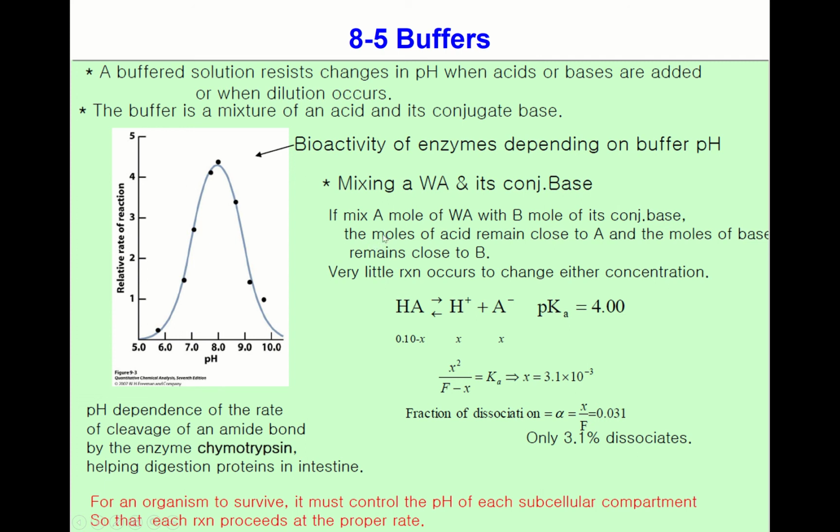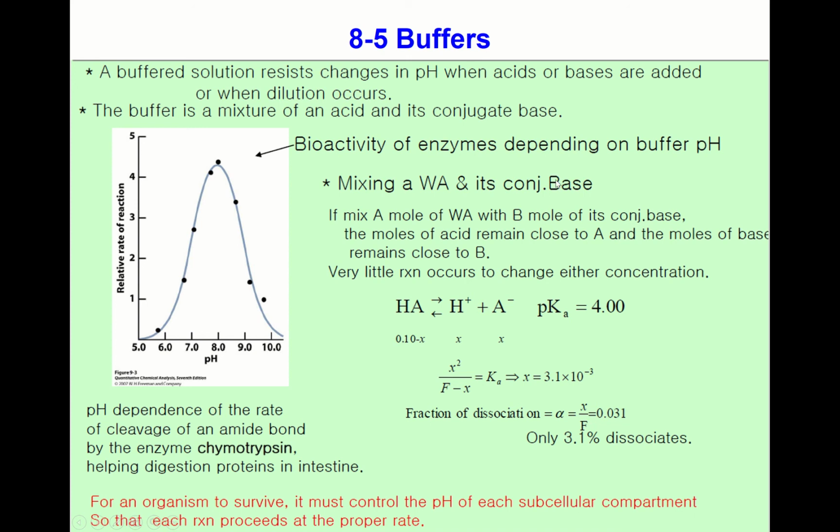How do we prepare the buffer? Let's read this one. Naturally, a buffer is made from a weak acid and its conjugate base. This is the general rule, but what if we don't have one of these components?